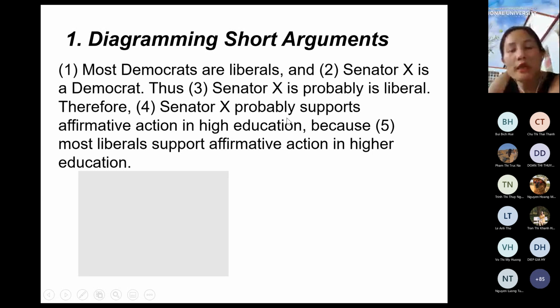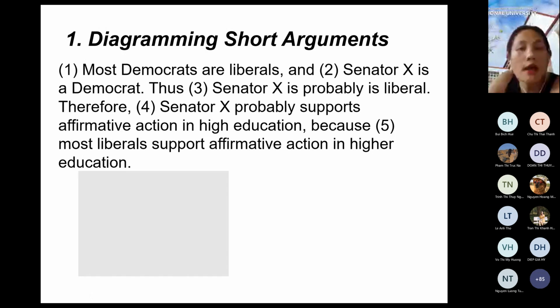And then if we check the meaning in detail, 3 is also a premise for 4. So that's why 3 and 5 are at the same level. All right, 4 at the bottom, above it 3 and 5. And above 3 are 1 and 2, because 3 is the conclusion and the premises for 3 are 1 and 2, isn't it? Now that is the allocation of numbers on the diagram.